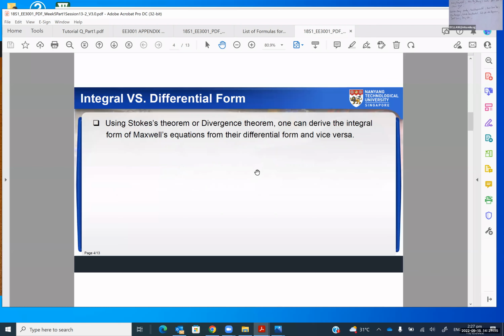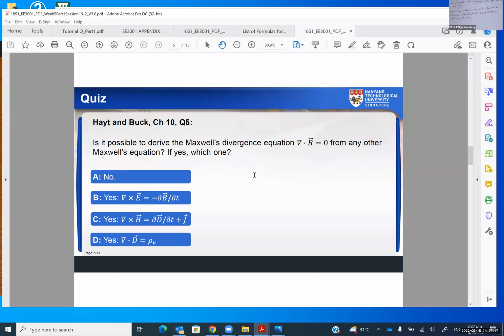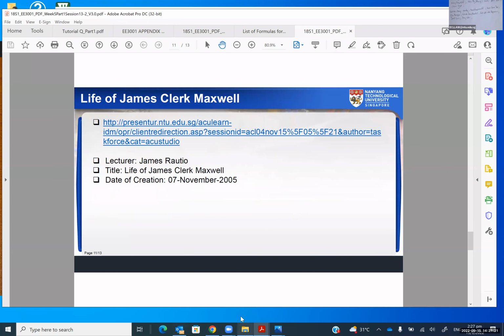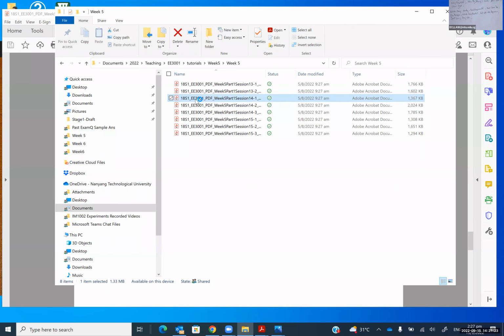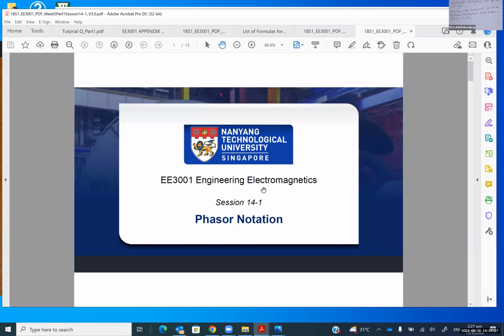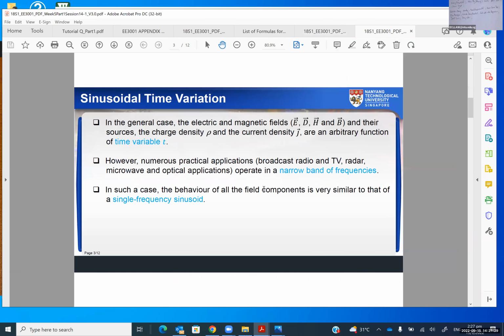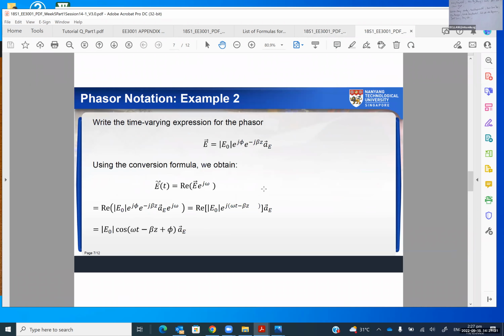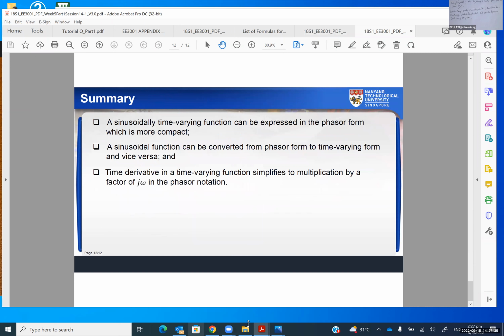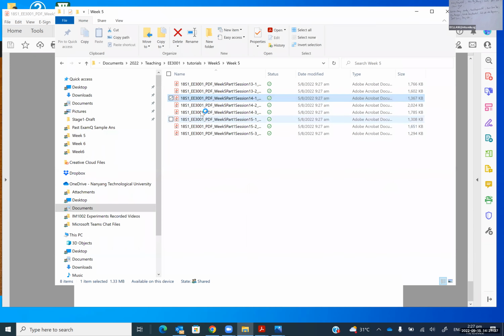They are given in the formula sheet. Next one. Phasor notation. Yes, you need all this also. Next one.